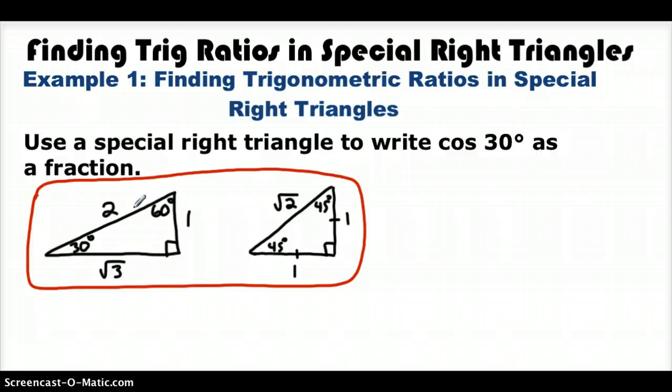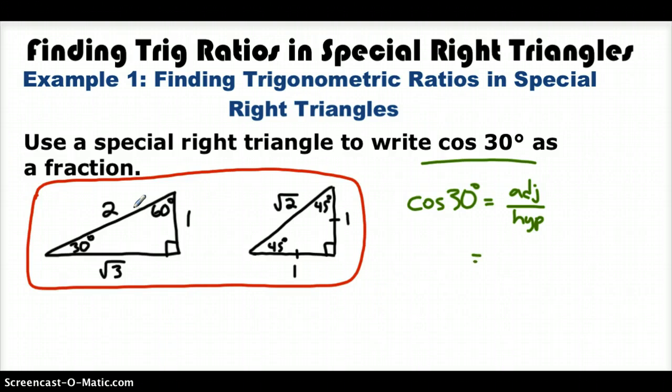Now, we're asked to write the cosine of 30 as a fraction. So we're looking for the cosine of 30 degrees. Okay, now remember the cosine of 30 degrees, we're going to look at that 30-degree vertex, okay? And we remember SOHCAHTOA. So this is going to be the adjacent over the hypotenuse, okay?